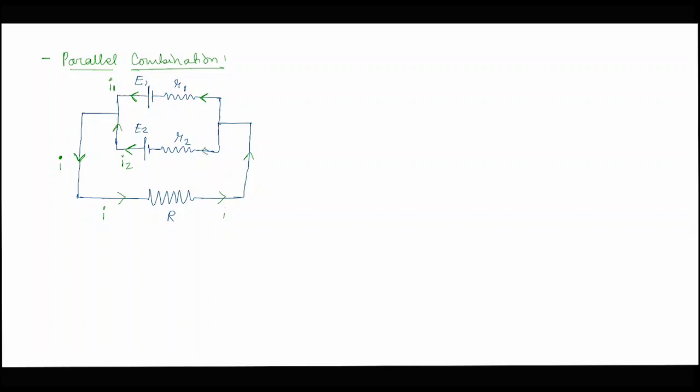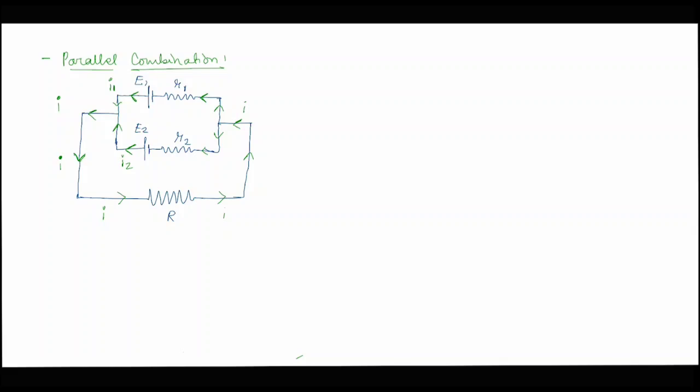So E1 and E2 will combine together to give us current I, and the current I at the end of the circuit will again distribute into I1 and I2 to reach the batteries E1 and E2 respectively.